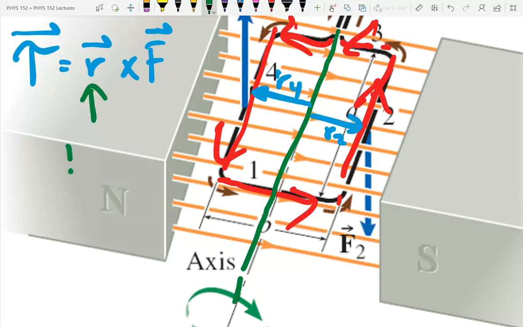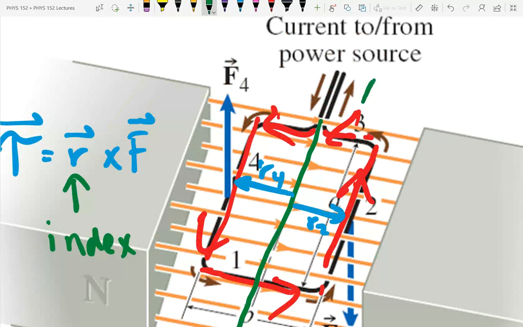R is my index. So I'm going to start with R2, making my index finger point the direction of R2. Orient my hand so my middle finger can point in the direction of the force. And my thumb points back up the axis. So the torque from R2 is going that direction.